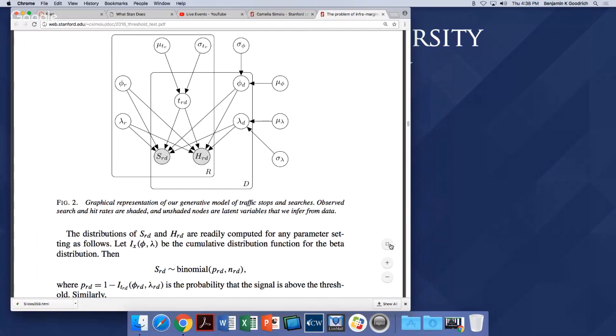actually specify a generative model are pretty detailed about all the pieces in the model. And when you think of this in terms of a generative model for the process, it forces you to think about all the pieces that might be going on. So this was in part an exercise in writing code, but it's also an exercise in taking a paper on a social scientific topic, reading it, and understanding what the author's model is.